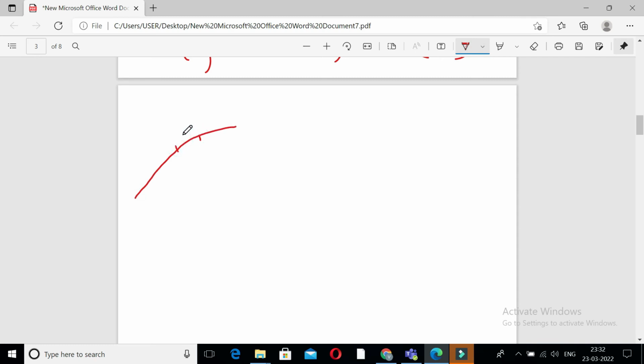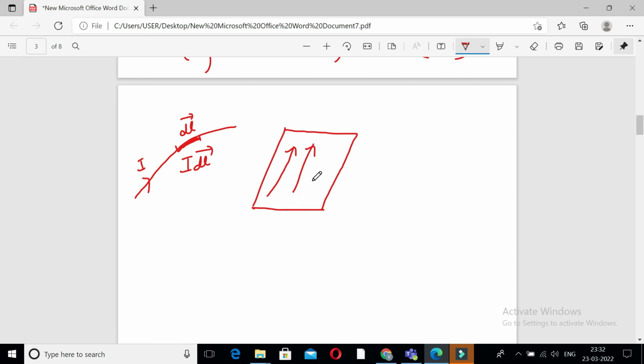We can see this using an example. In the line current case, this is dl, this is the current I, and this is the I dl vector, and the unit of current is ampere. In the case of a sheet, K is a vector, so K will be like this.